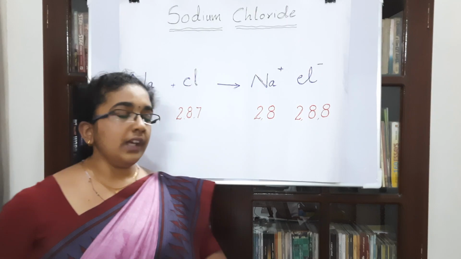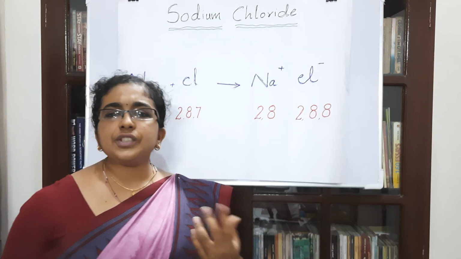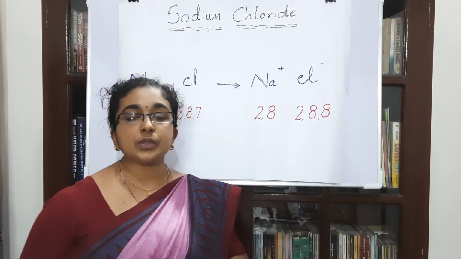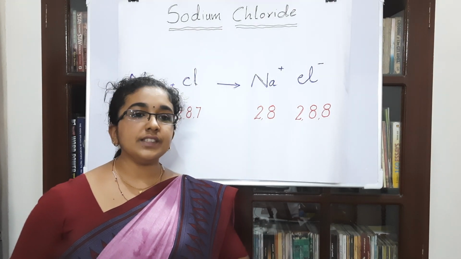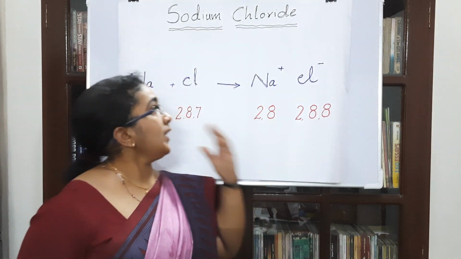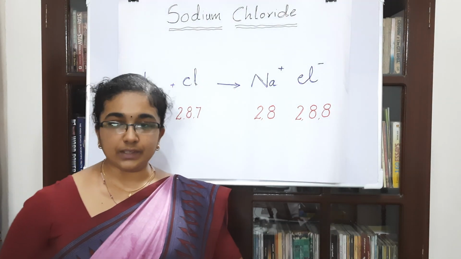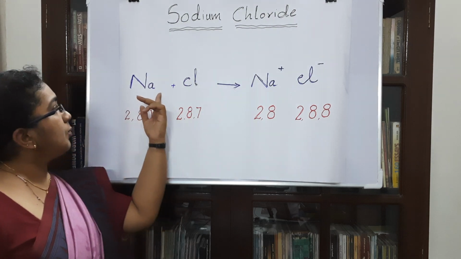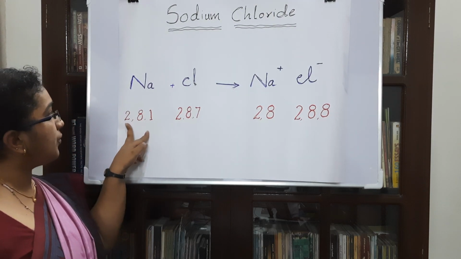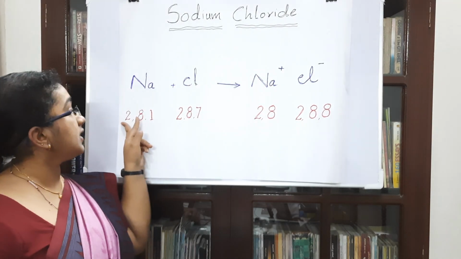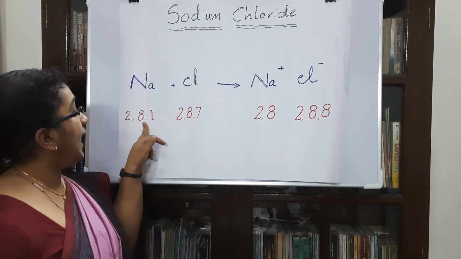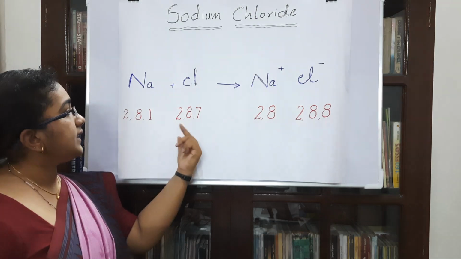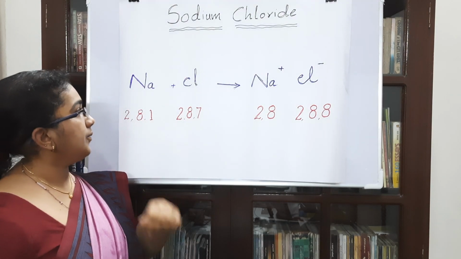Which atoms combine to form sodium chloride? Sodium and chlorine are the atoms. Please analyze this. The electronic configuration of the sodium atom is 2,8,1. And for chlorine it is 2,8,7.